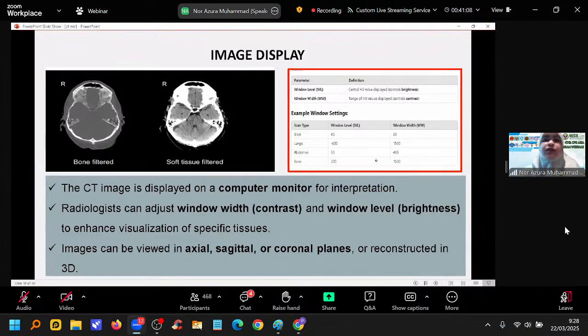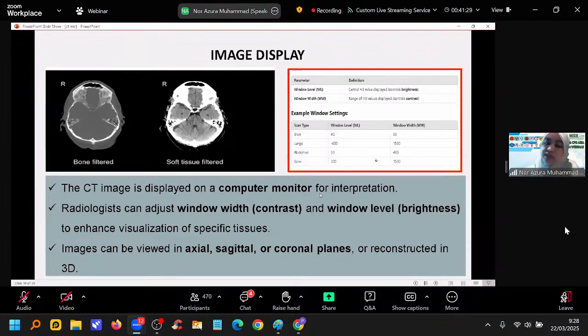Okay, so last for image formation is image display. After a CT scan is acquired, the image display process is crucial for interpreting the image accurately. The CT image is displayed on a computer monitor for interpretation.